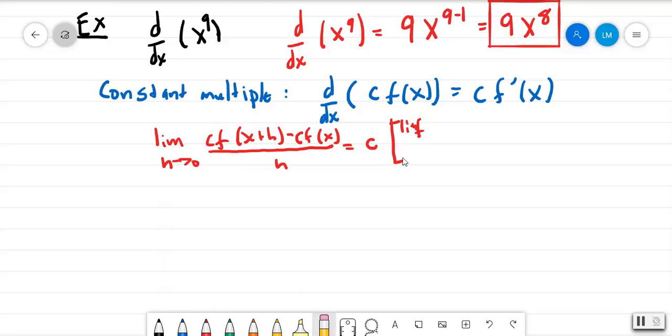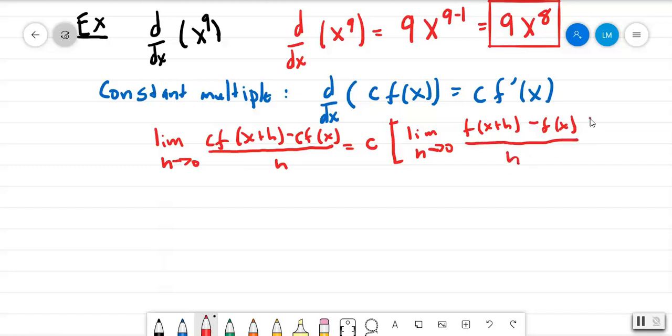That doesn't look too nice, so let's clean that up. So that's going to be the limit as h approaches 0 of f of x plus h minus f of x all divided by h. Now notice that the thing in the big bracket is really just the derivative. So that's c multiplied by f prime of x.